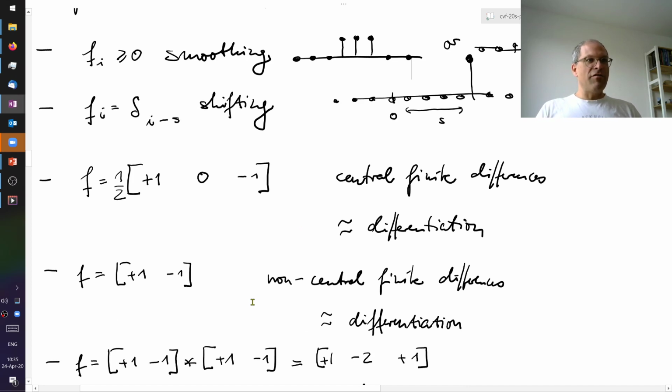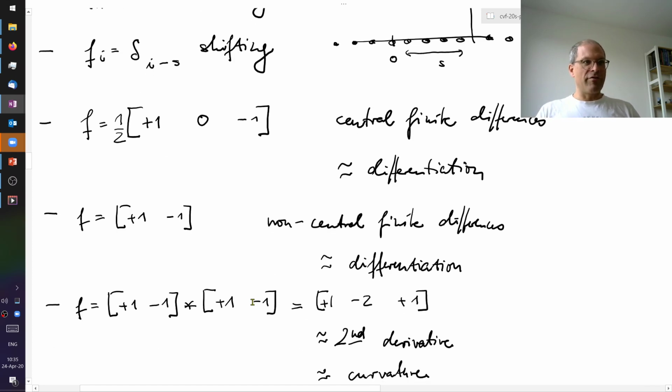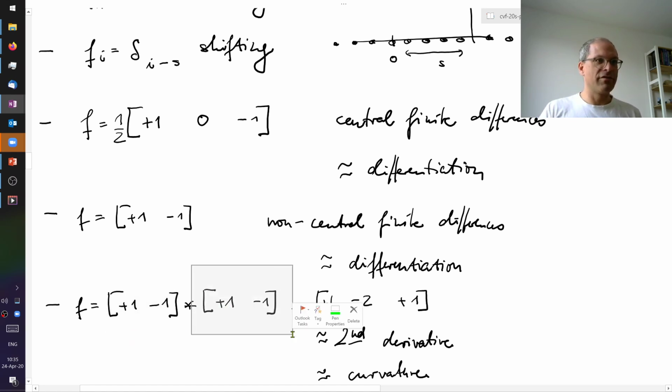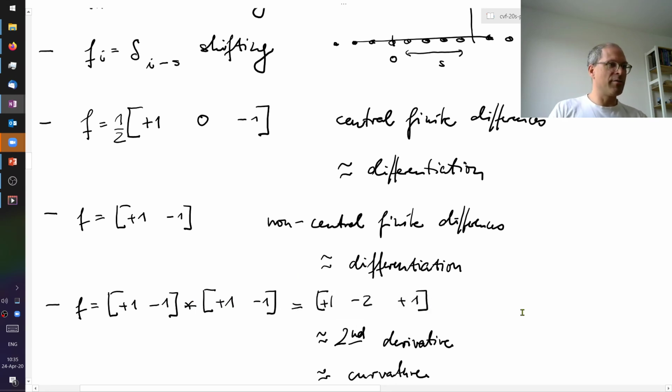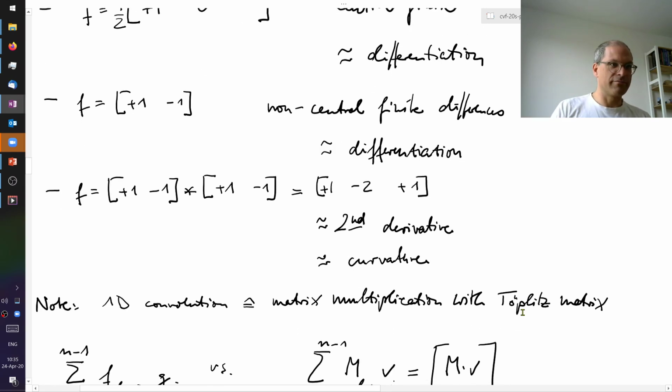Now, if I ask you what's the kernel for the second derivative, well, if you know a kernel for a first derivative, then as you know, I can obtain the second derivative by taking two first derivatives. So this is just what I do here. I take a first derivative kernel, convolve it with itself, and I obtain a second derivative filter, which gives me the local curvature.